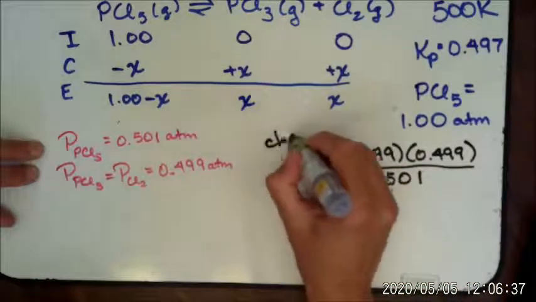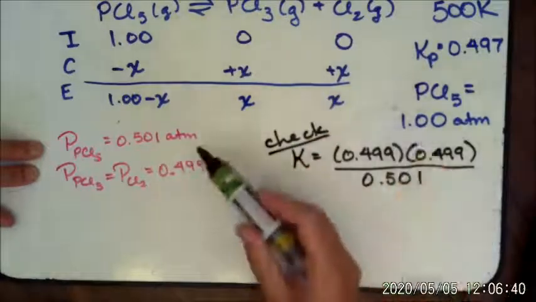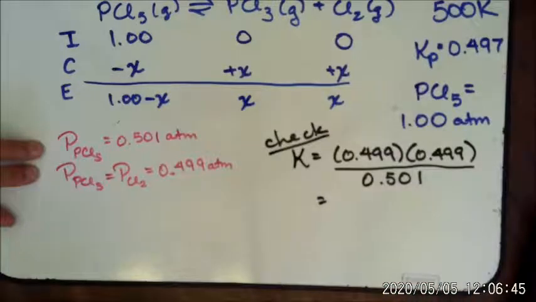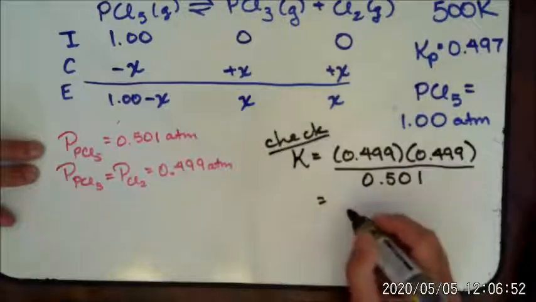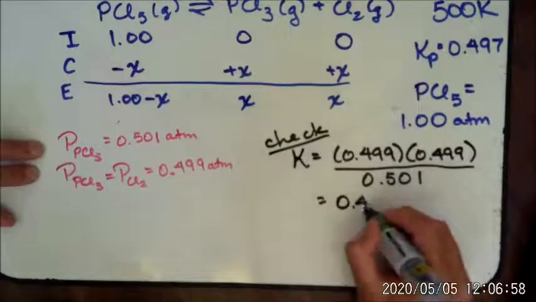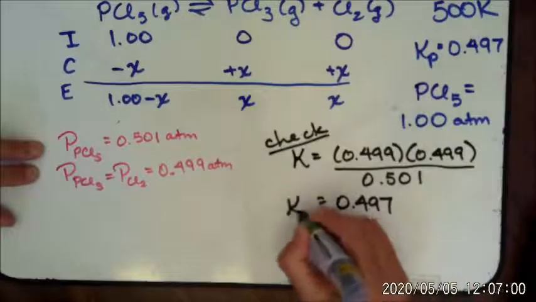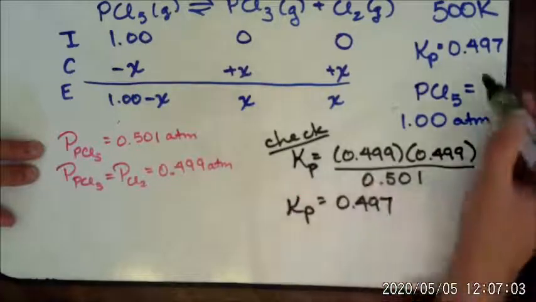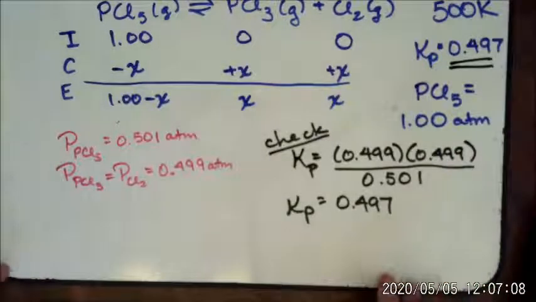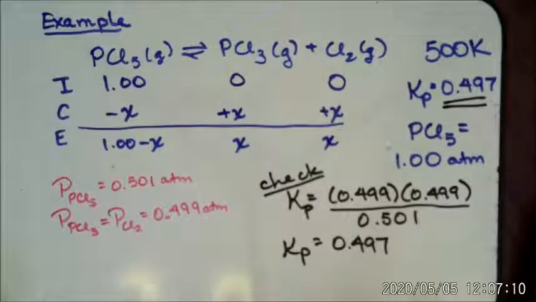This is how I'm going to check. I take my equilibrium values, put them into my K expression, and what I get is 0.497, which is equal to my Kp. And that is what we started with. So this is good. Then I know that my equilibrium values are correct, and that we've finished this problem.